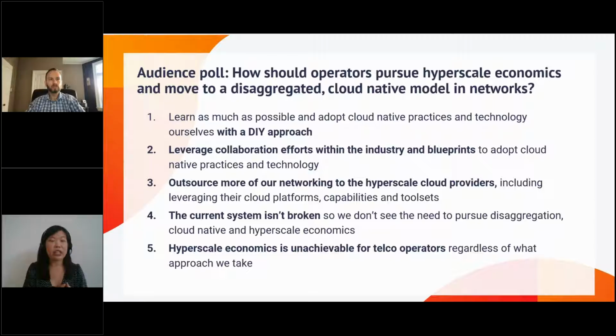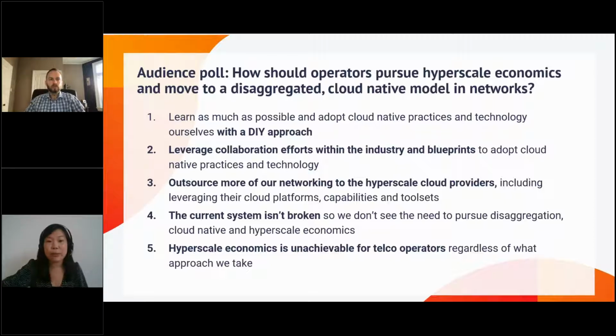Is it by adopting, as I mentioned, this DIY approach? Note, this is not about writing your own code, but it's more about assembling and reassembling disaggregated components, managing those CI/CD processes, etc. Or is it by leveraging existing collaboration efforts and blueprints?